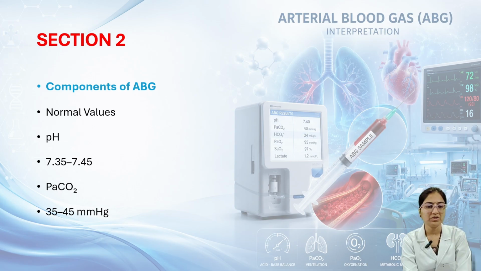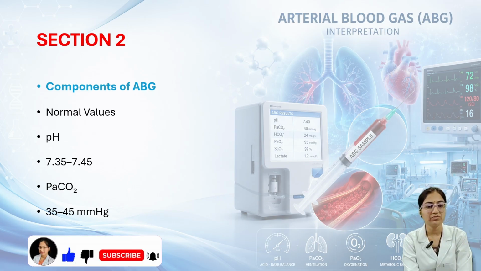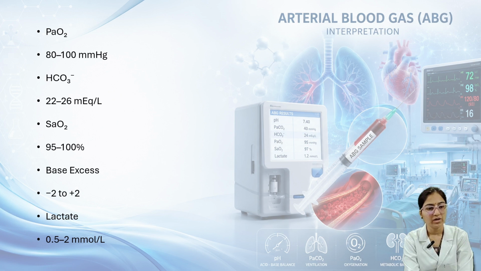Components of ABG, arterial blood gas. Normal values: pH is 7.35 to 7.45. And then partial pressure of carbon dioxide is 35 to 45 mm of Hg. And then partial pressure of oxygen in arterial blood is 80 to 100 mm of Hg.